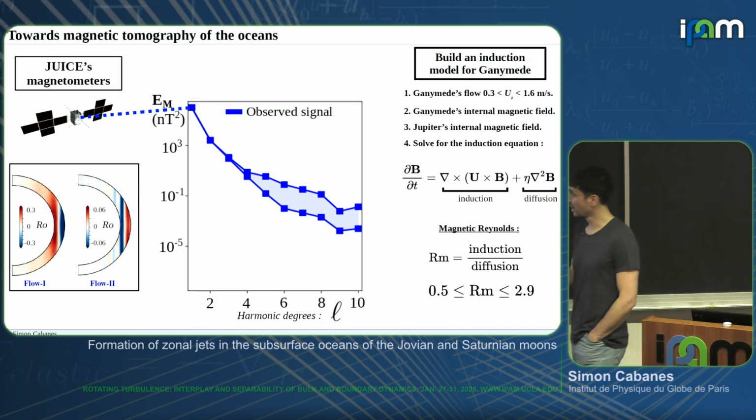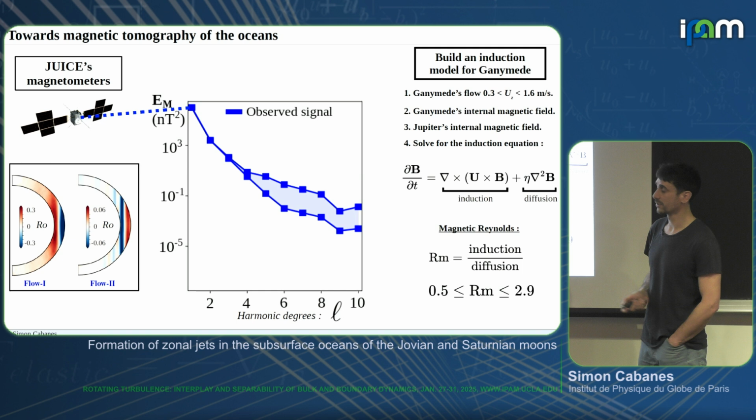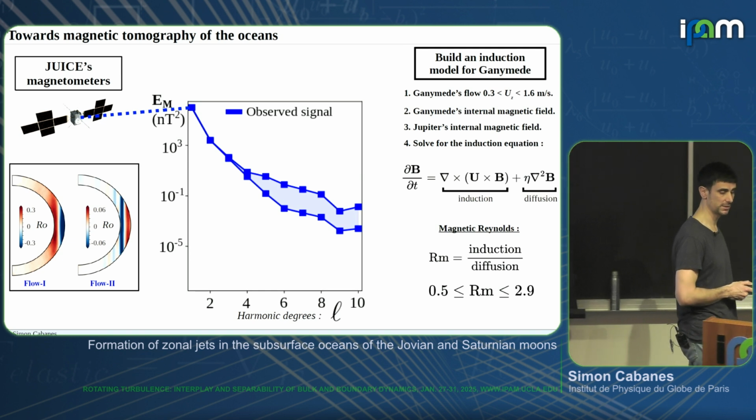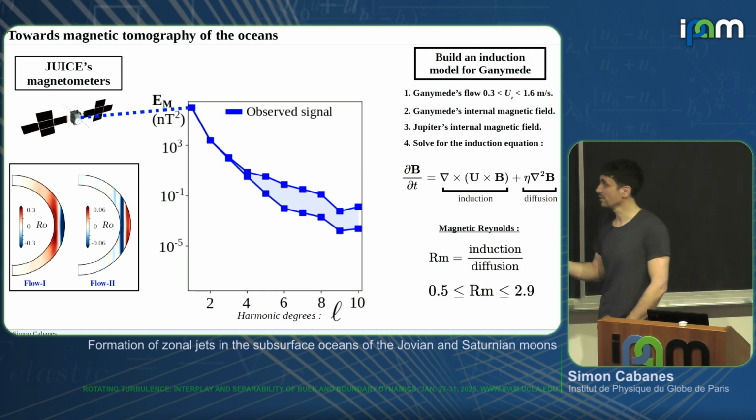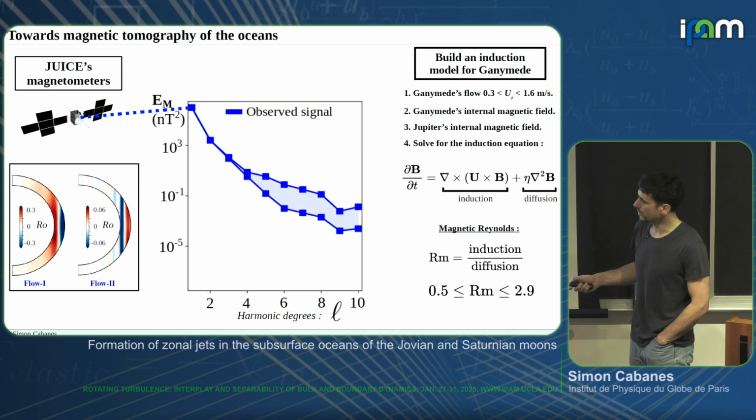So you can see that the observed signal will be, of course, very strong on the large scale because Ganymede's magnetic field is also a dipolar magnetic field. And this magnetic energy will decrease with the harmonic degree. So I've tested various flows, flow 1, flow 2, with different possibilities for the velocity field, for the velocity prediction. So I just plug these in.